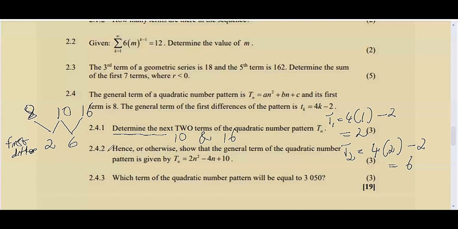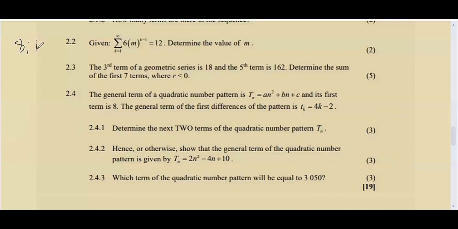Now, 2.4.2 says, hence or otherwise, show that the general term of the quadratic number pattern is given by Tn is equal to 2n squared minus 4n plus 10. Easy peasy, lemon squeezy. So we have 8, 10, 16. And then remember here we had 2, and then we were given 6.